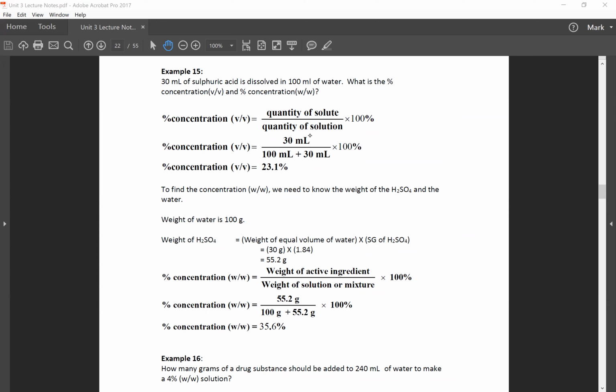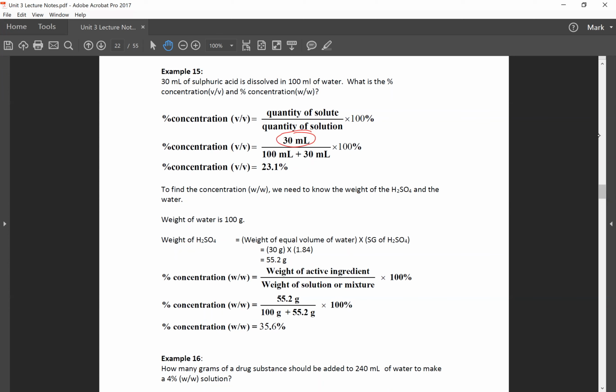I'm going to take my active ingredient, my sulfuric acid, 30 milliliters, and divide it by the entire volume of the solution. The solution, the mixture, is the total amount. So I'm mixing 30 milliliters of sulfuric acid with 100 milliliters of water.